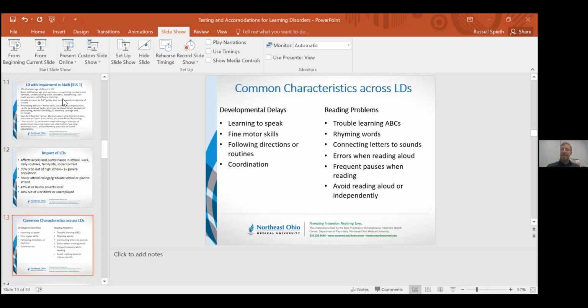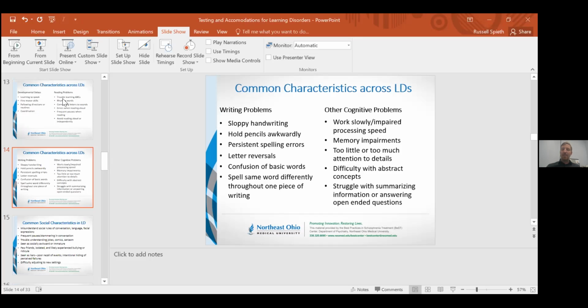Trouble learning ABCs, rhyming words, and other developmental issues across reading problems, writing problems, and other cognitive problems. And there can be some social impairment as well, where people have a hard time following conversation and understanding how to engage in conversation. So then you begin to wonder about autism.